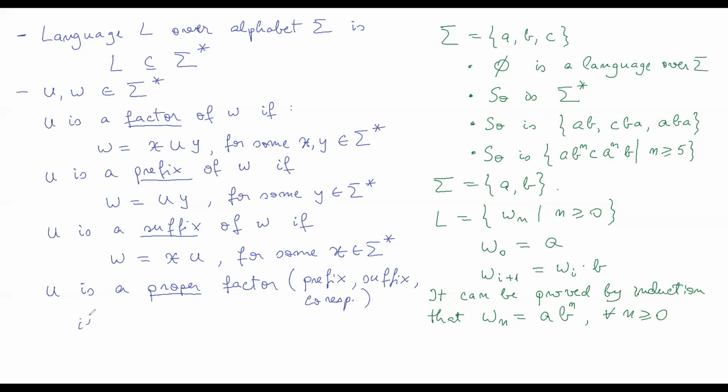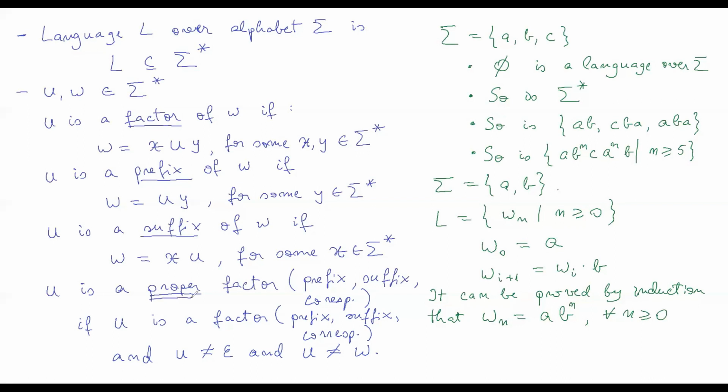If u is a factor, and for the other concepts, u is a prefix, u is a suffix, and u is different than the empty word, and u is different than w. So it's a proper factor, prefix, suffix if it's not the empty word and it's not the full word, and it has the required property. So then we will call it a proper factor, prefix, or suffix.